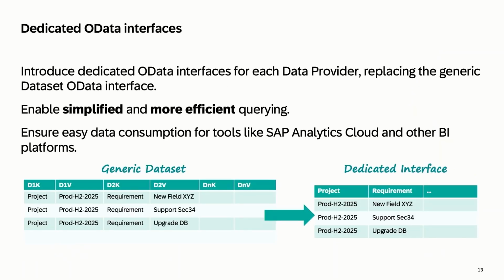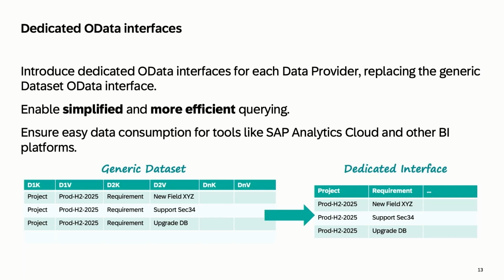For the dedicated OData interface, originally there is the generic OData interface called dataset. It's still there, it still works, you can still use it. But with the dedicated OData, the idea is to have one OData endpoint per provider, which is easier to consume, typically from SAC.